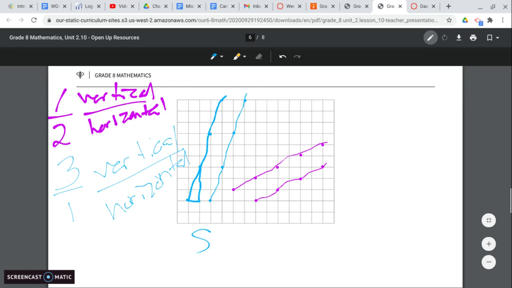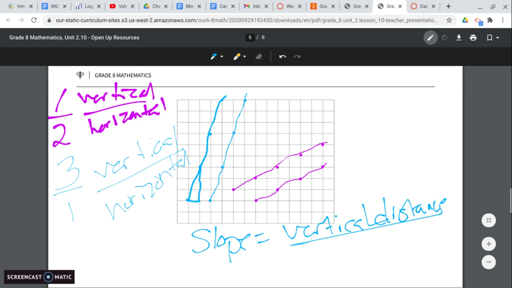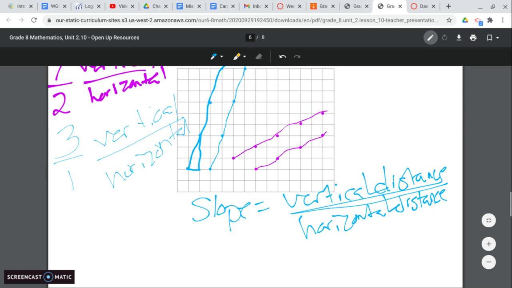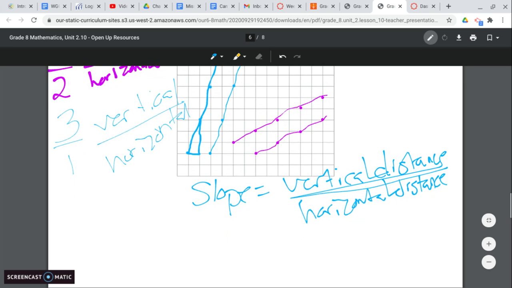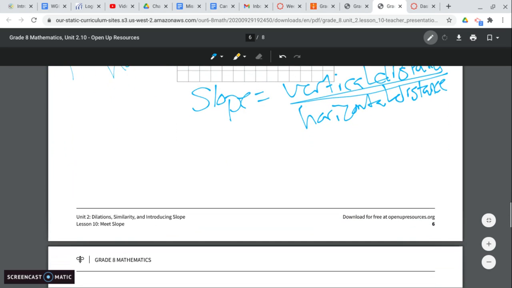Slope equals vertical distance over horizontal distance. It's crucial to know and understand that. You'll be using slope over and over again throughout your math career.